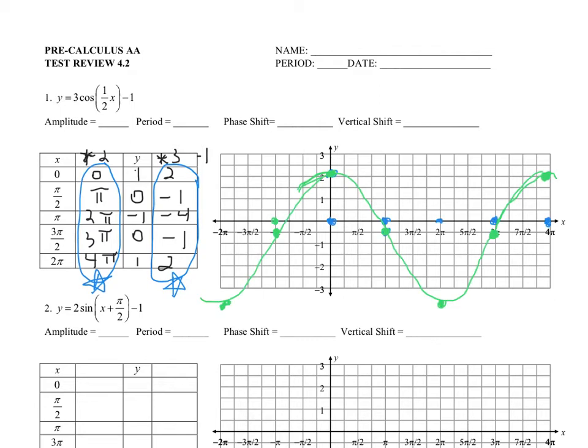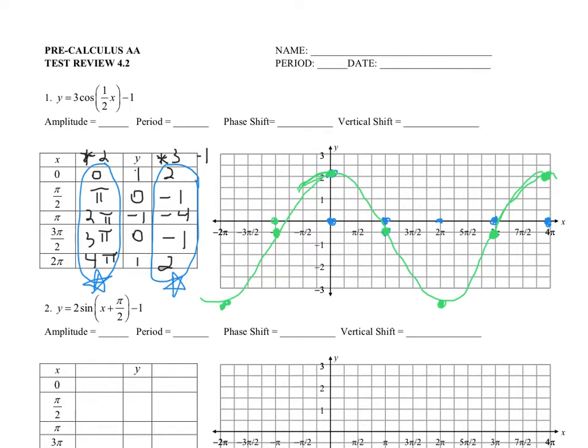Okay, so I have graphed my points. The first thing I did was I graphed these angle measurements along my horizontal axis. This just helps me when I get ready to graph my wave to know what the x values are going to be before I start graphing. It just makes it a little bit easier.